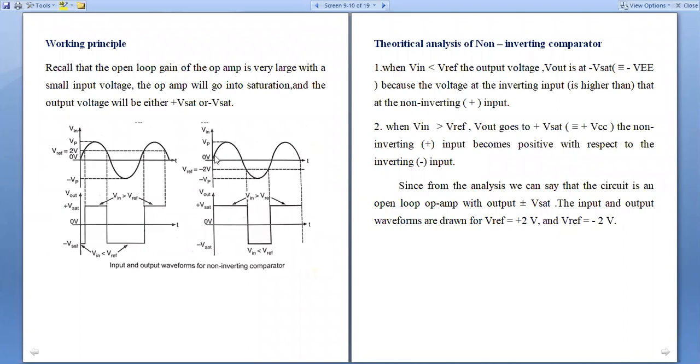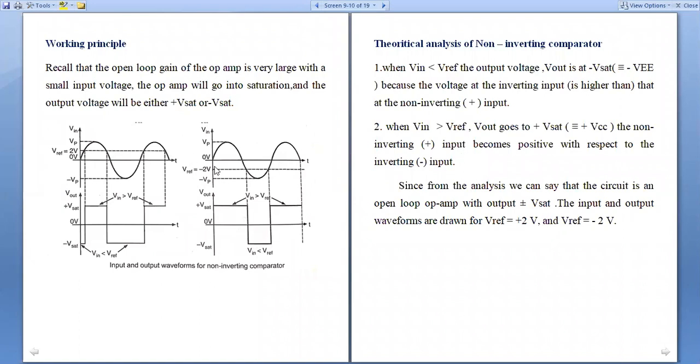After the positive peak, the sinusoidal voltage starts coming towards the negative peak condition, and it reaches the negative saturation voltage, where the input voltage is less than V reference. We can see a negative saturation point, minus V sat.